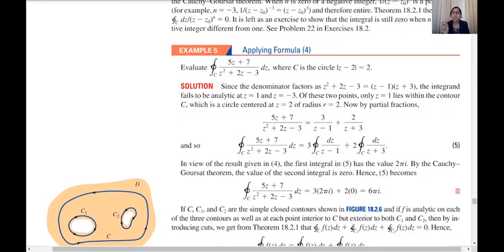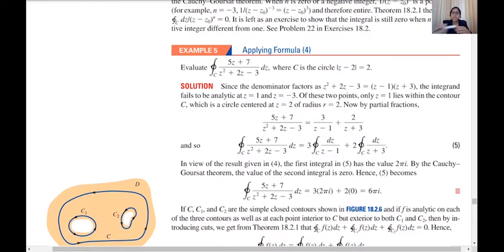No. Why? z = −3 lies outside the contour C. You can just draw the circle; it is simple, center at 2 and radius 2. So 1 is a point inside the circle and z = −3 is a point outside the circle.